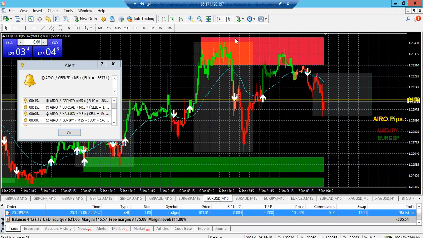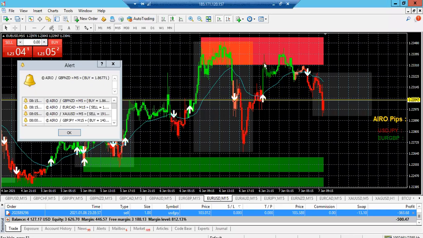So 10% of 4,127 is $412, and our stop loss is going to be 40 pips above, while our take profit is going to be 20 pips below, because we are placing a sell trade.